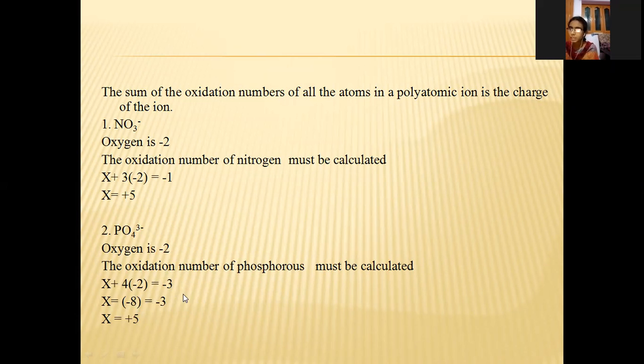If minus 8 is shifted to this side, it becomes plus 8. So 8 minus 3 is 5. The oxidation number of phosphorus is plus 5.